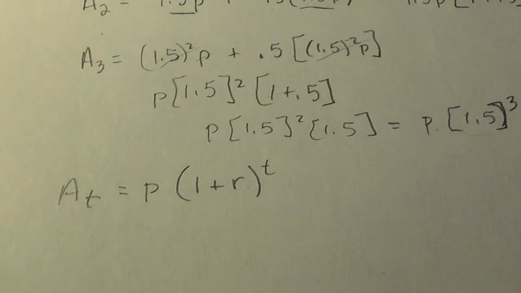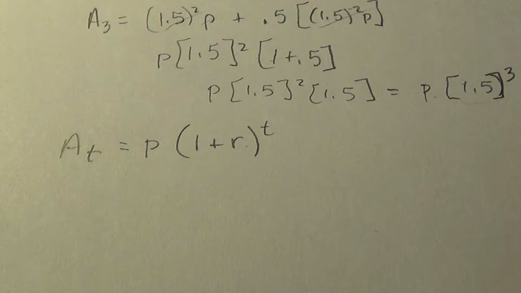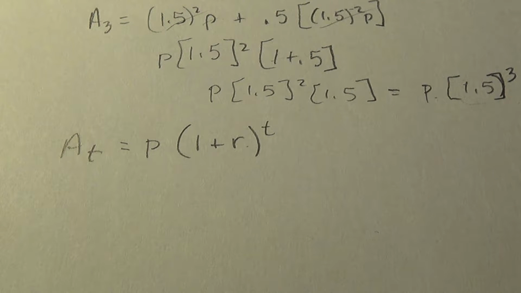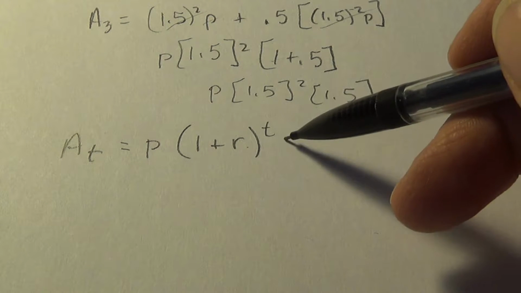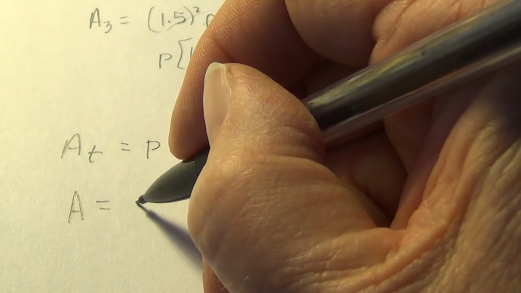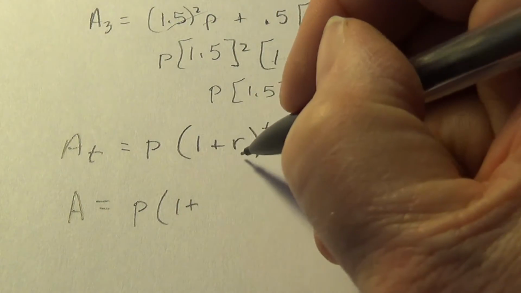Usually, the interest is compounded more than once a year, perhaps quarterly, which would be 4 times a year, or monthly, which is 12 times a year, or continuously, which is an infinite number of times per year. So let's improve on this formula. Here's what it turns to. The amount of money is going to equal the principal times 1 plus the rate.